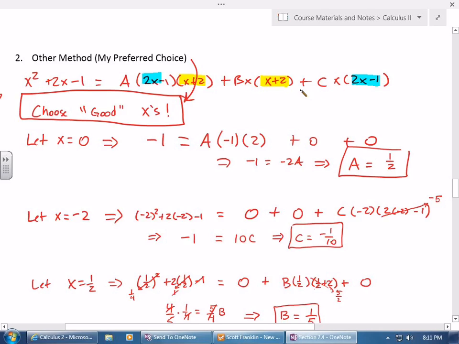I look at that and say, what are some good choices for plugging into that? And it's anything that makes one of those x terms 0. So choosing x equals 0 is good because it knocks this one out and it knocks this one out. Choosing x equals negative 2 is also good on this one because it knocks this one out and it knocks this one out. Choosing x equals 1/2 was good for this one. So usually you can tell by looking at whatever makes one of those factors on the right 0.